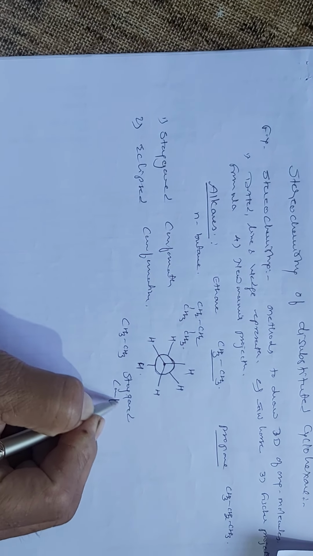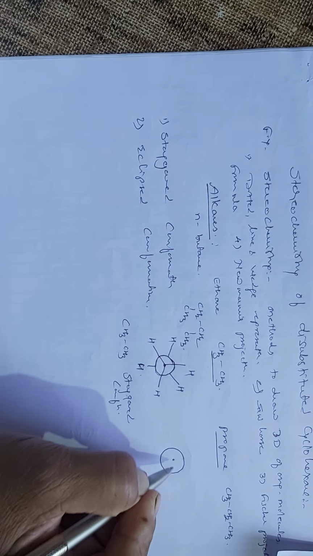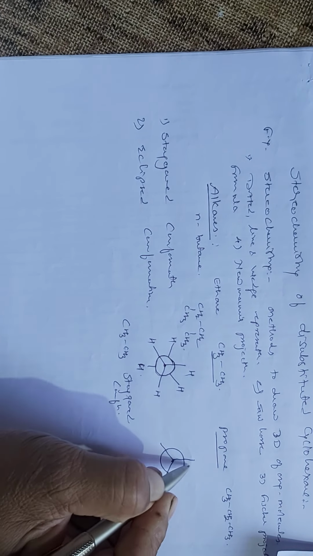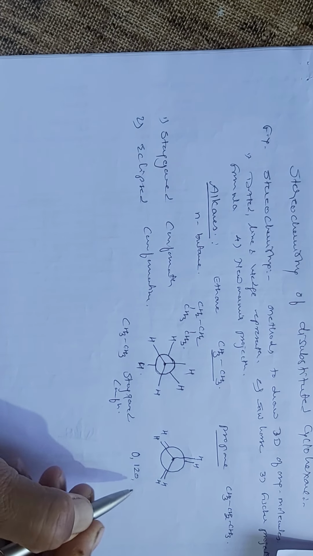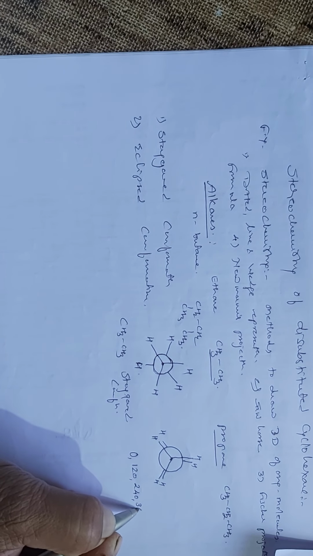And in the other way, when the hydrogen atoms of the two carbon atoms are one behind the other, coming in front of each other, this situation is seen at the dihedral angles 0, 120, 240, then 360 degrees.